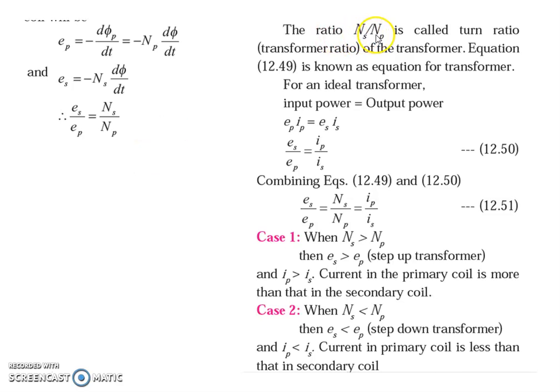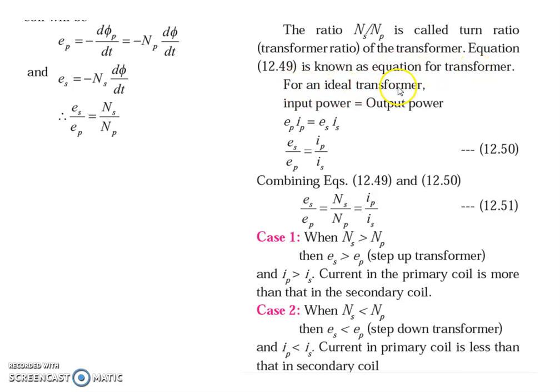The ratio Ns upon Np is called the turn ratio, or it is also known as the transformer ratio, or the transformation ratio of the transformer. On this transformation ratio, there might be questions asked in the examination. So it is known as the equation for transformer.